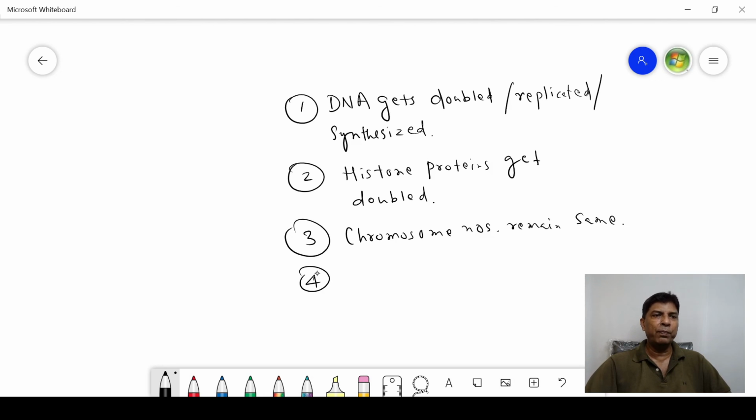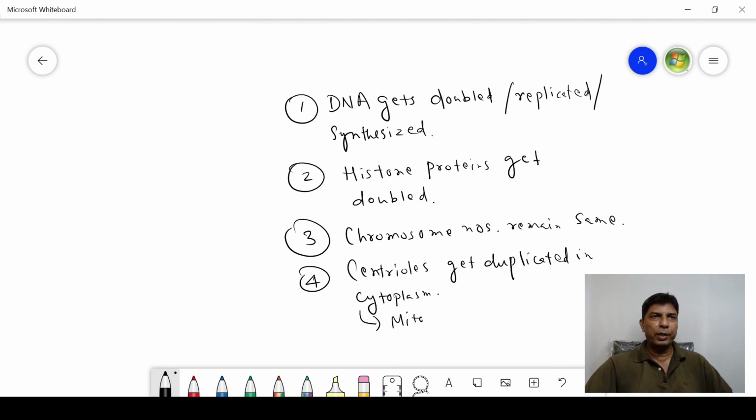And fourthly, centrioles get duplicated in cytoplasm. Now these centrioles help in making mitotic apparatus during cell division. So this is all about the S phase of cell cycle.